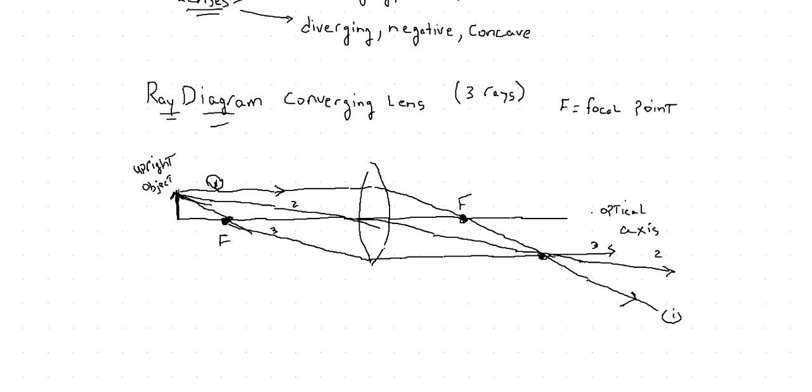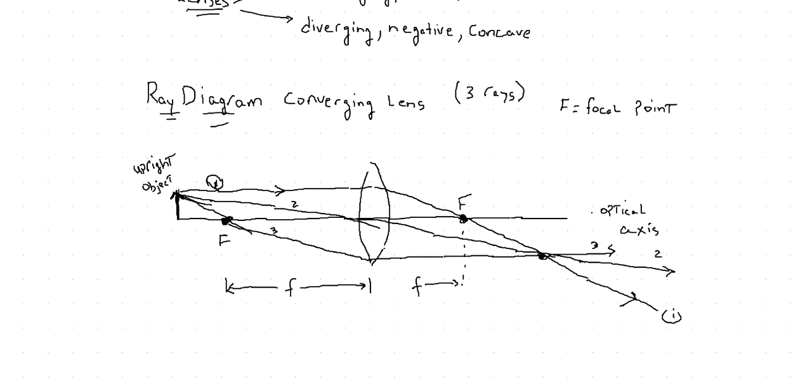We're going to call the distance from the focal point to the lens little f, and I'm going to draw an arrow to the lens and to the focal point. Again, this to here is also little f. It's supposed to be the same distance on both sides.